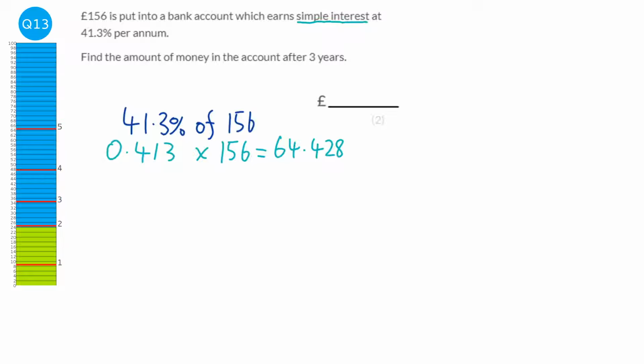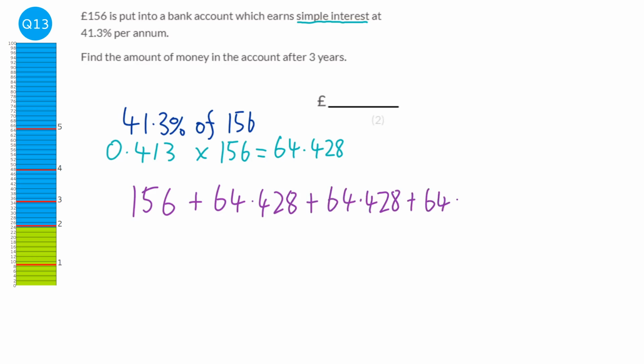So next, we need to understand what simple interest means. Now, simple interest really is simple. And the reason it's simple is it's always the same. So we've got the 156, and we've got the interest for year 1, and we've got the interest for year 2 will be exactly the same number. Now, I could do this a bit easier by timesing it by 3, or we could add it 3 times.